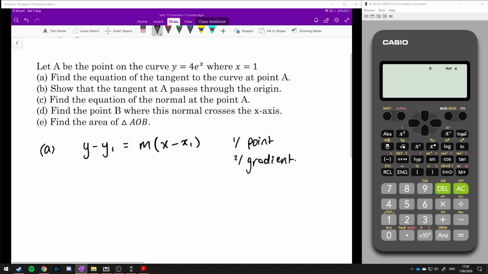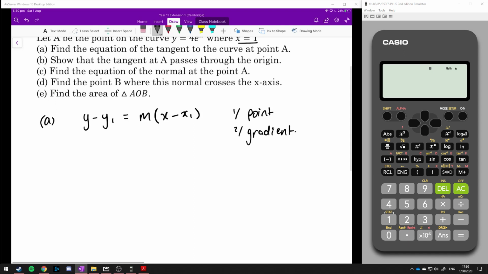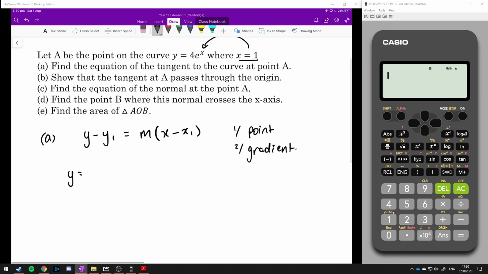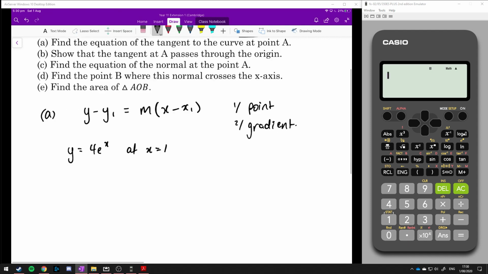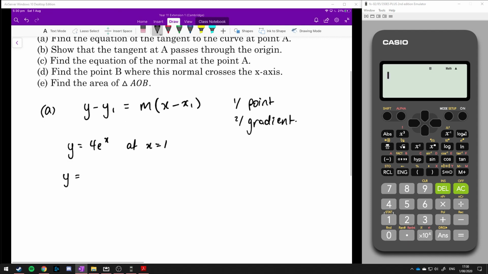So we've got an x value already, which is x is equal to 1, and we need a y value. So we're going to substitute that back into the original equation. So y is equal to 4e to the x at x is equal to 1. So y is equal to 4e to the power of 1, which is just equal to 4e. So there's that y value.